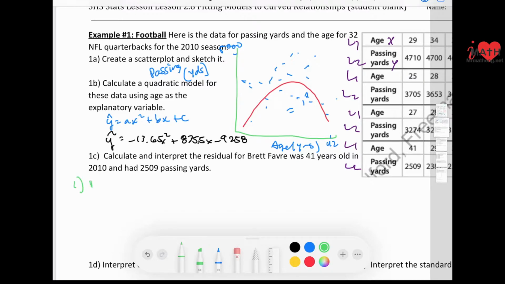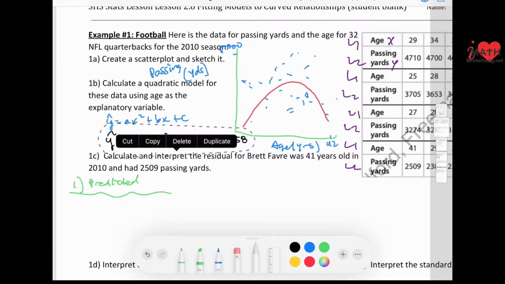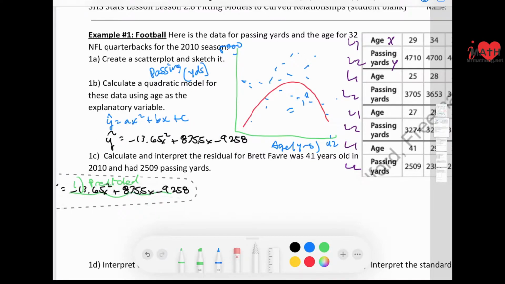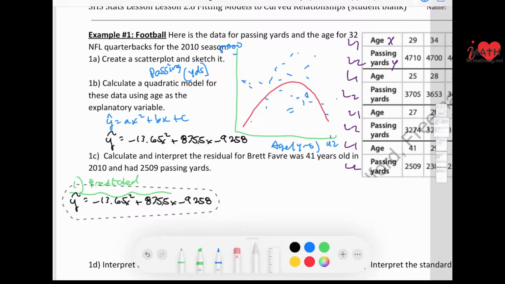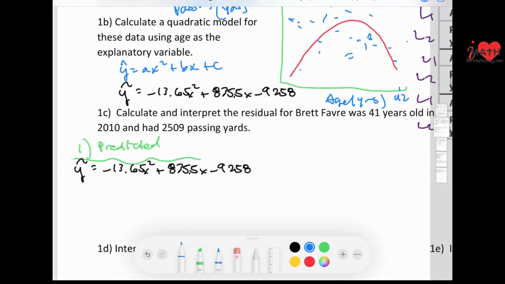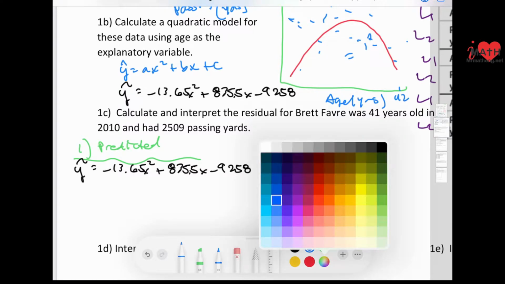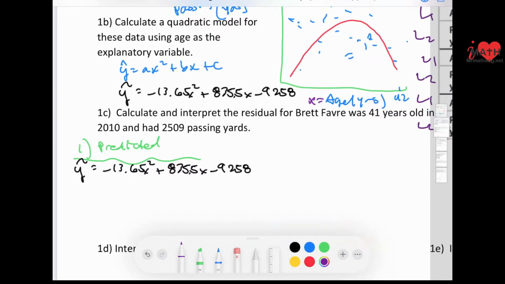So let's go ahead and calculate the predicted, which basically means I'm just going to take this equation right here, and age, x-axis is age, so x equals 41. So I'm going to put in 41 for every x value.